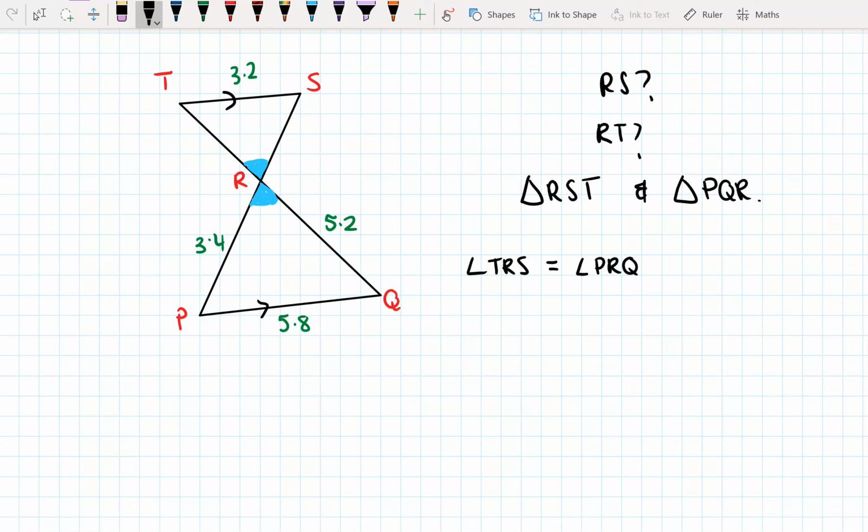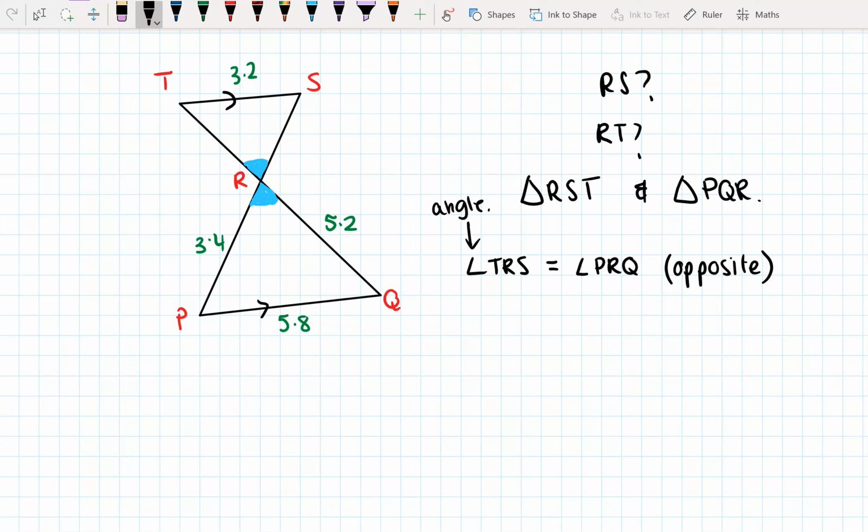And this little thing I'm writing means angle. As I said, we always must write a geometrical reason afterwards. In this case, the geometrical reason is opposite. Please don't write a sentence or a story. I just want a word, and in this case, the word is opposite. All right, that's our first angle.